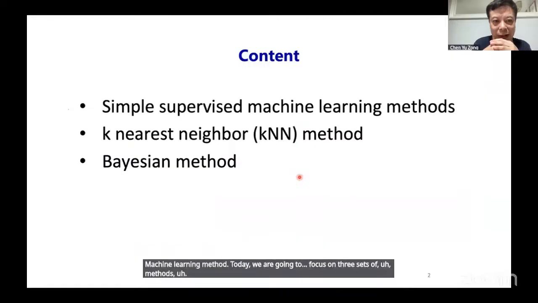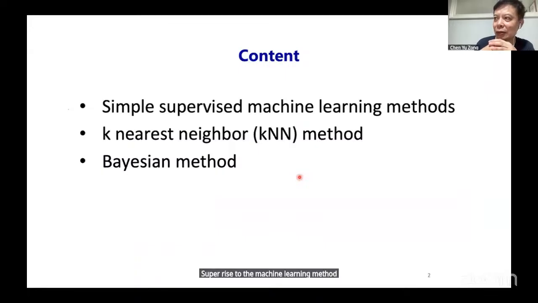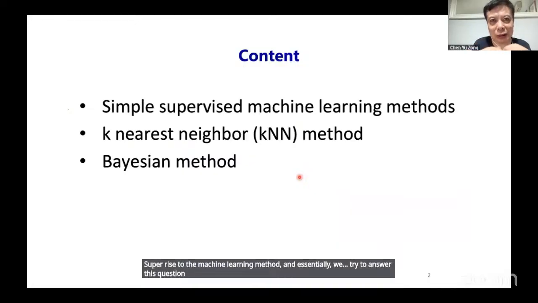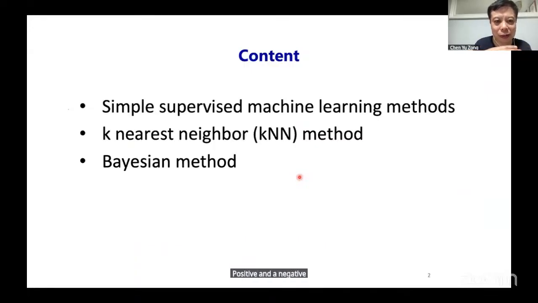The first set is actually very, very simple supervised machine learning methods. Essentially, we try to answer this question: how can we generate, remember, the linear equation, the straight line that separates positive and negative samples, or positive and negative data.